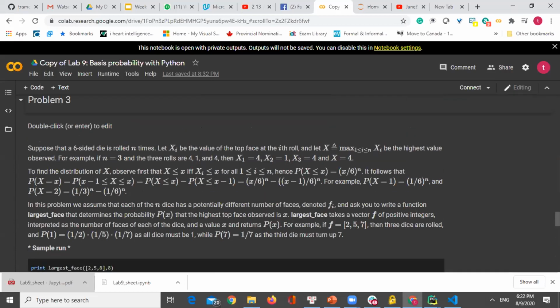Okay, can you say that again, please? I didn't catch it. You can go into the function. You see in the example f equals 2, 5, 7. 2 is the number of faces of the first dice, 5 is the number of faces of the second dice, and 7 for the third one. Oh, okay. Hang on, let me read. This is my K. This is my Ki. Give me a minute.